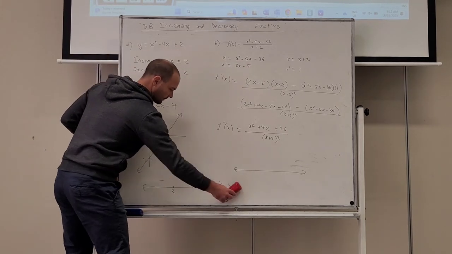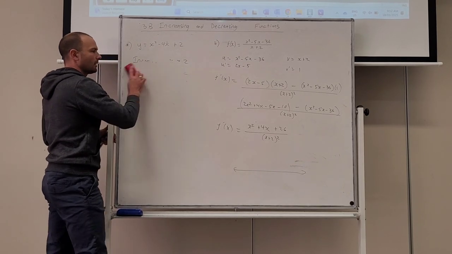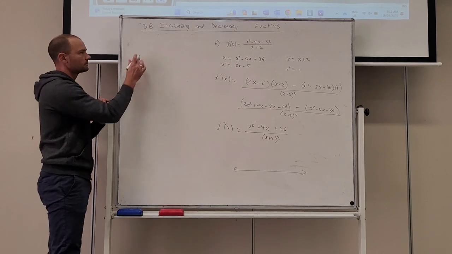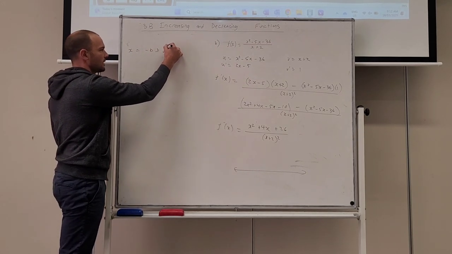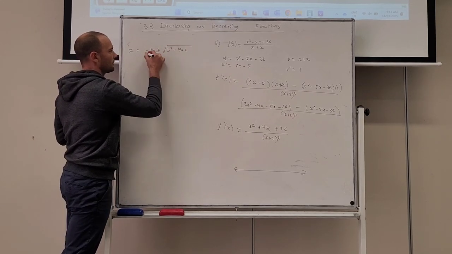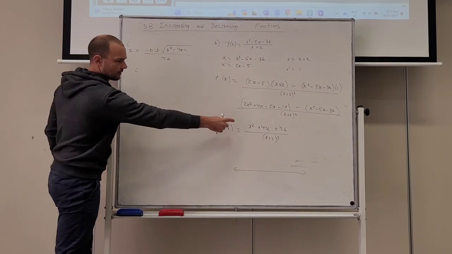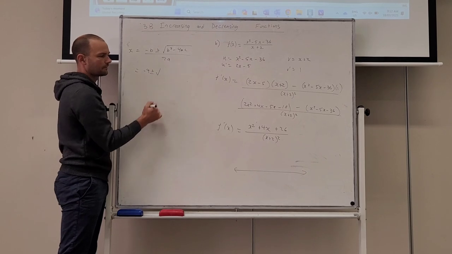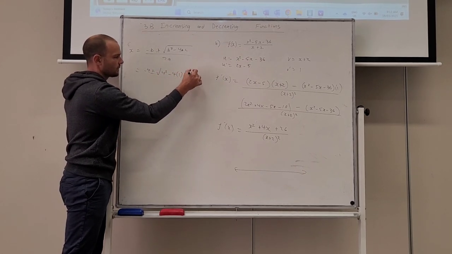This is a good opportunity for us to recap that. One way we could find these roots would be using quadratic formula, right? So just to recap quadratic formula, we have minus b plus or minus the square root of b squared take 4ac, all divided by 2a. So if we put that into the formula here, b is 4, we'll have 4 squared take 4, a is 1, and c is 26.